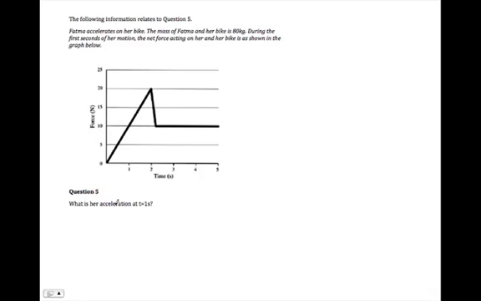Alright, now we get to the next question, acceleration. Well, we've got a force time graph. What's the acceleration at 1 second? Alright, at 1 second. Oh, I can't draw a straight line with this. Alright, so we know that this girl is experiencing 10 newtons at this time. That's the force.